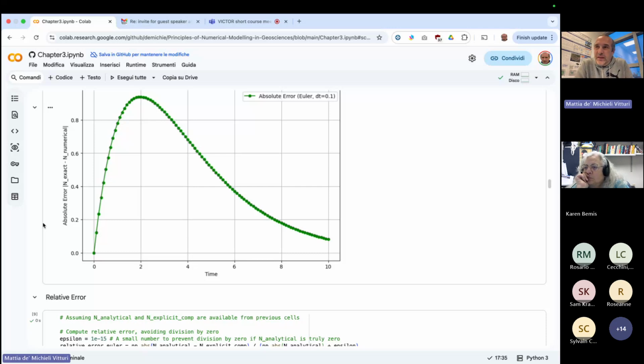Okay, so the answer to this question is also related to the order of accuracy of the derivative. Because if you have a first order method, when you decrease the time step by a factor 2, you increase the number of time steps by a factor 2, because you want to cover the same time range.